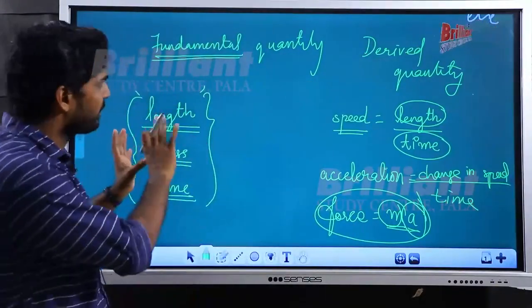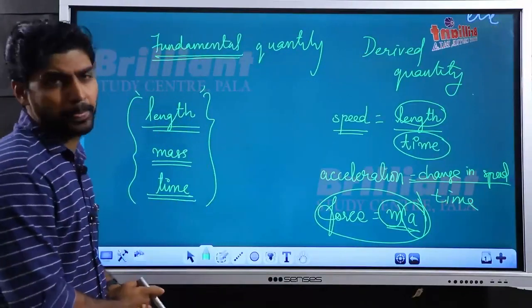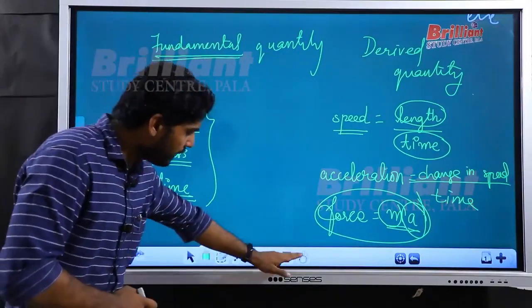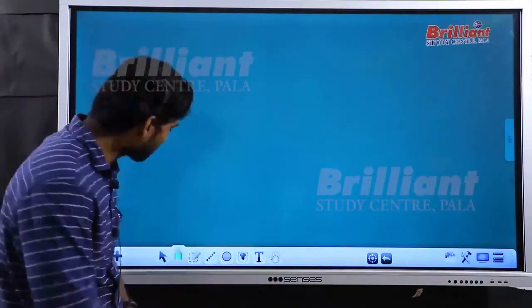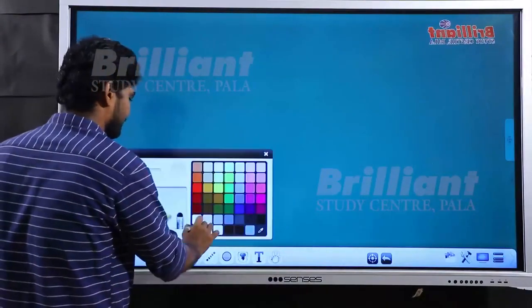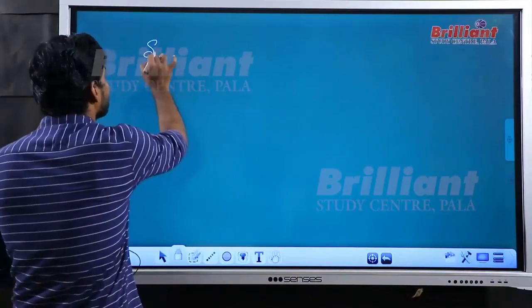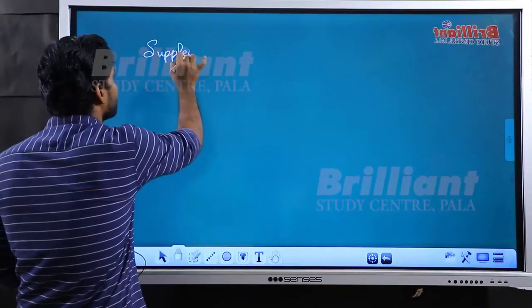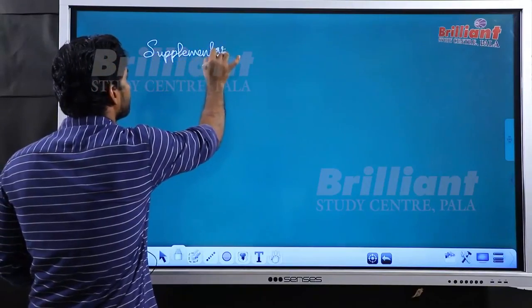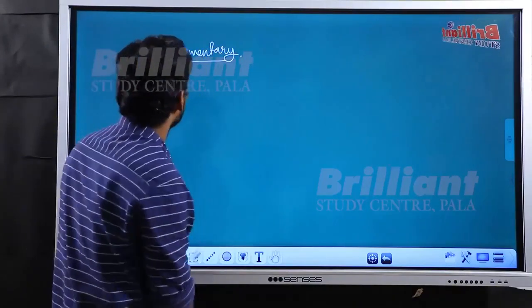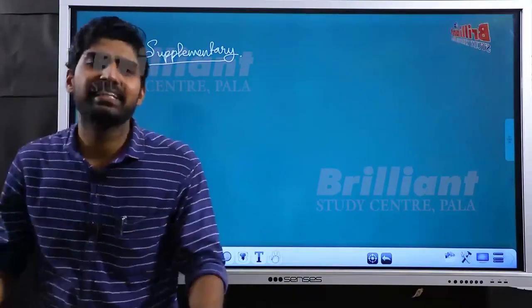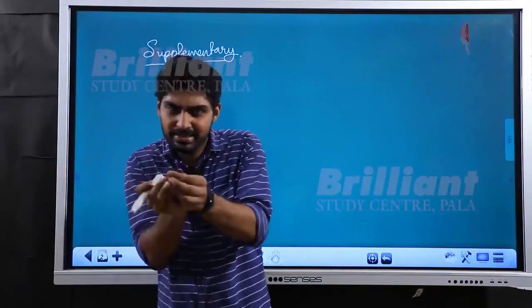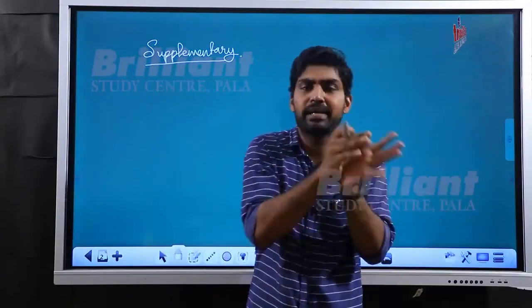In addition to fundamental and derived quantities, we use another classification, that is supplementary quantity. These supplementary quantities, we cannot include them in fundamental quantities or derived quantities.